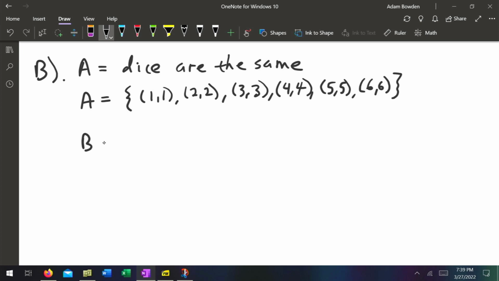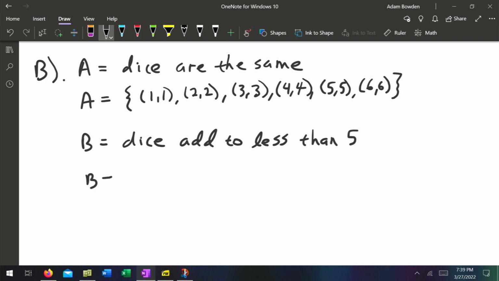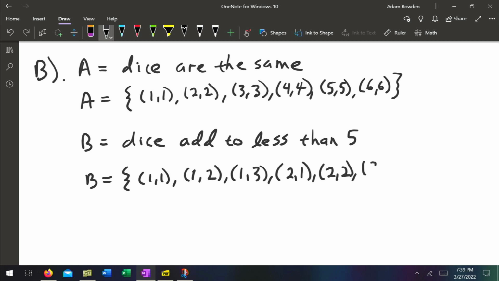And let's let the event B stand for the dice add up to less than 5. And the possible outcomes for that event would be 1,1, 1,2, 1,3, 2,1, 2,2, and 3,1. And so now let's ask the question, are these mutually exclusive?